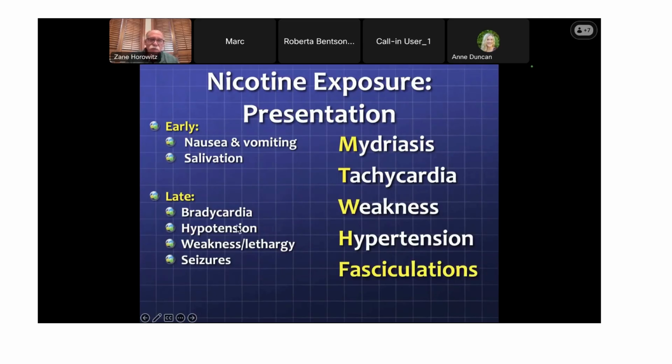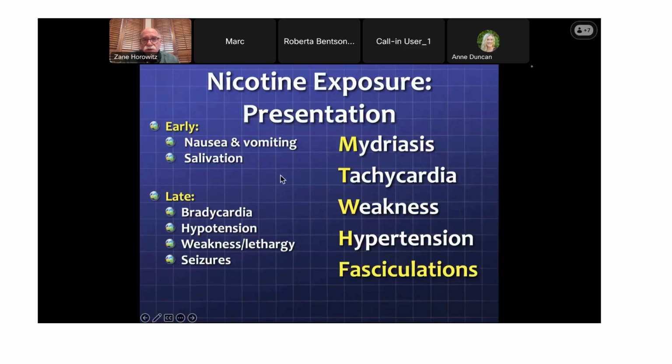This probably only happens with people drinking the liquid pesticide versions of nicotine, which are not generally available anymore. There used to be a Black Flag nicotine product that people could spray to kill their pests, and accidentally drank it by mistake. And it would go pretty quickly to this late onset, profoundly ill person.